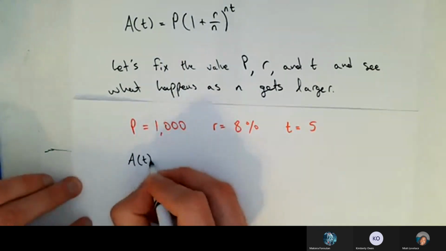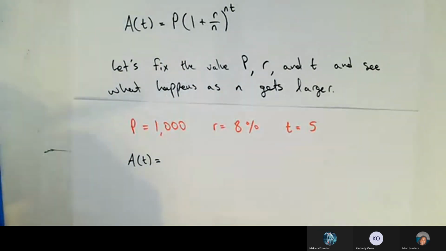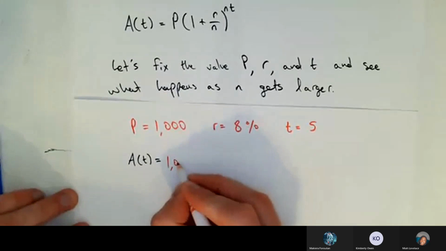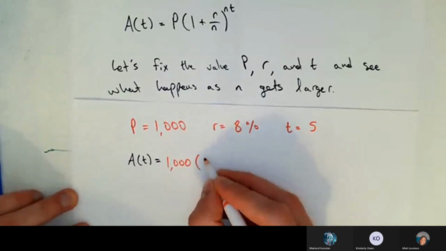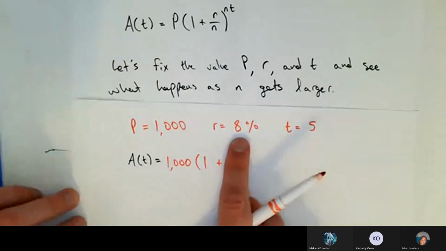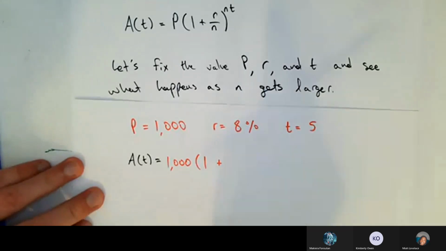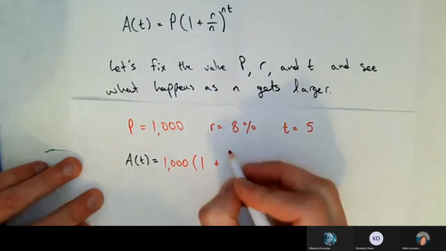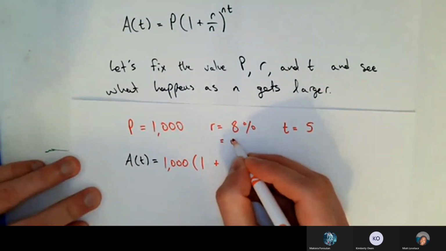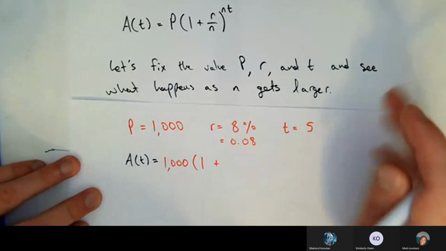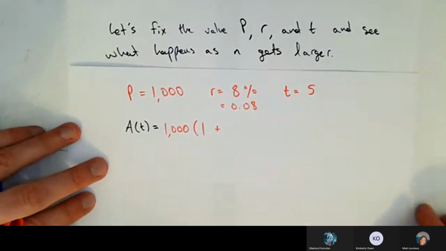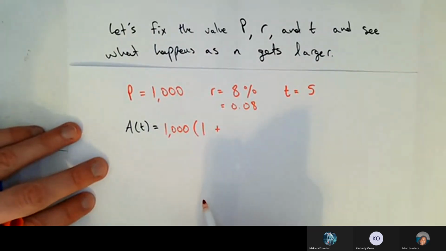Let's say A of t is equal to 1,000 times 1 plus, and recall that whenever you've got r as a percent, you've got to convert it to a decimal. So I should really say right here, this is the same as 0.08, converting that to a decimal. Just take the percent, divide it by 100, right?